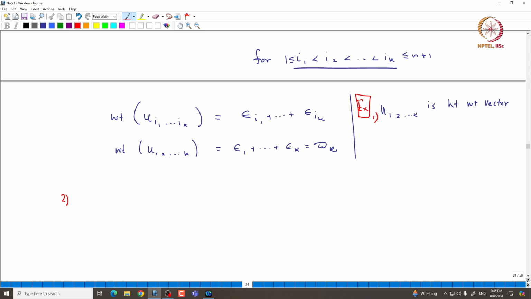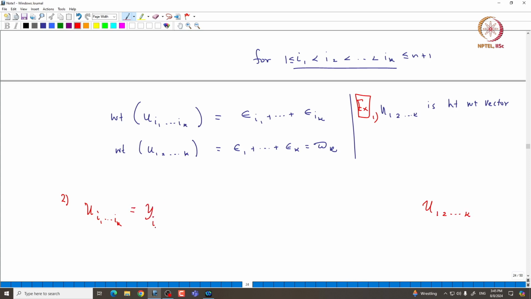So the way to get it, I will just write the formula, then you can verify. If you take this u i 1 etc. u i k, it can be obtained from u 1 etc. u k by applying successive lowering operators.